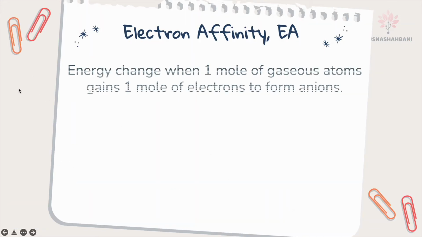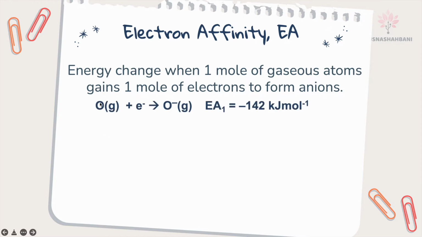Electron affinity. It is the energy change when 1 mole of gaseous atoms gains 1 mole of electrons to form an ion. So you have 1 mole of gaseous atoms initially, 1 mole of oxygen gaseous atoms. It gains 1 mole of electrons. It forms an ion of oxygen, O minus, still in the gaseous state.